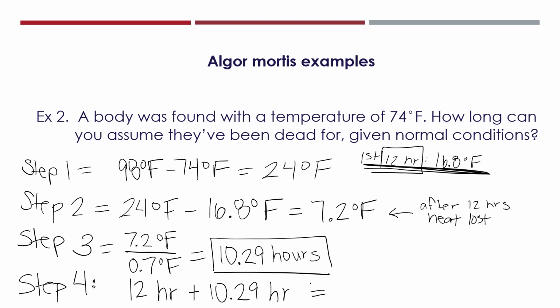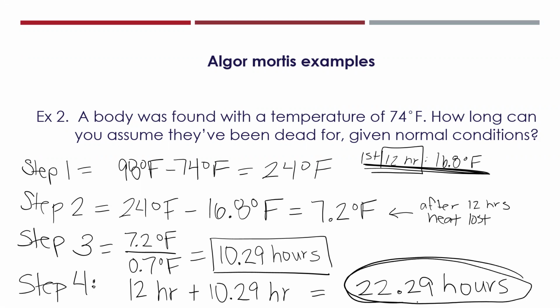So how long has this person been deceased for? We can assume they've been deceased for about 22.29 hours.